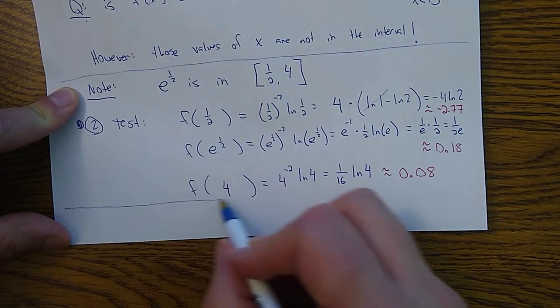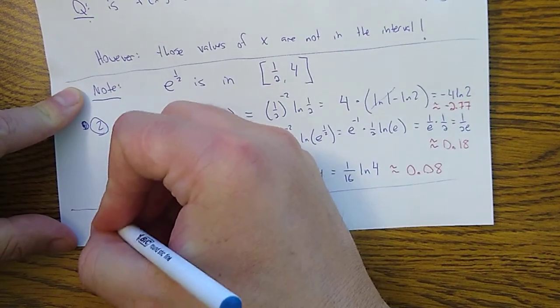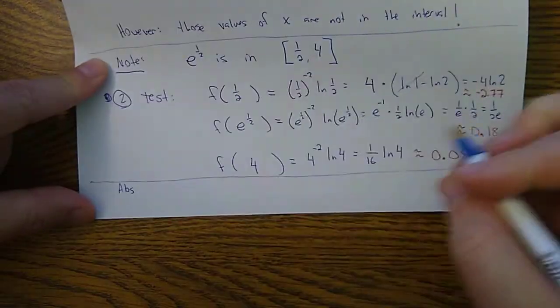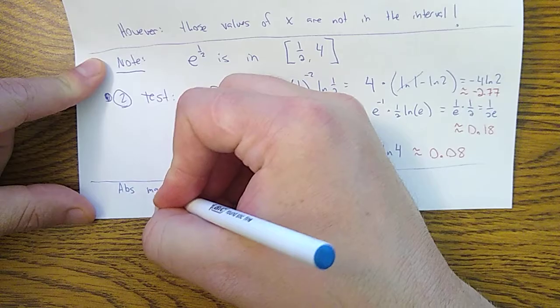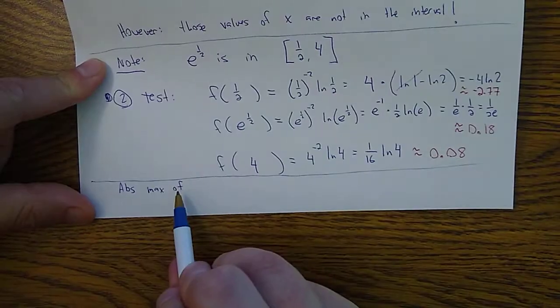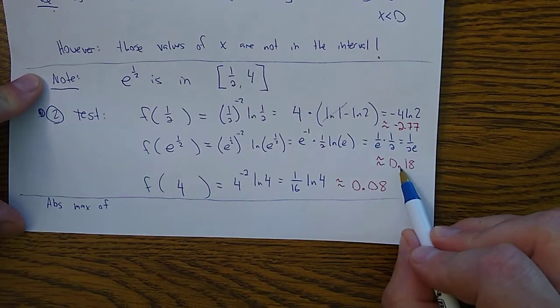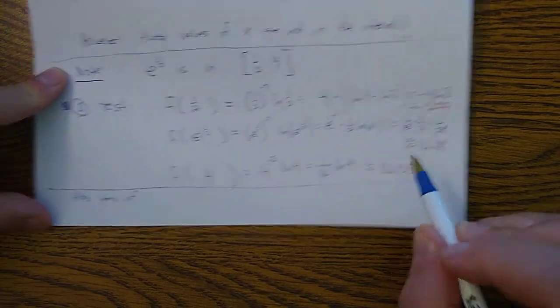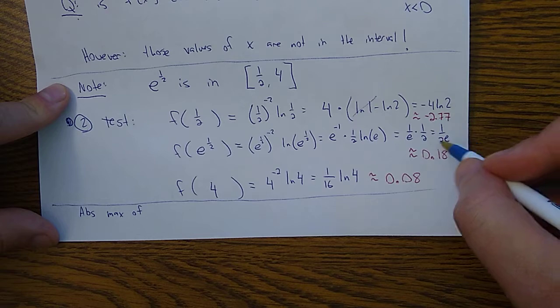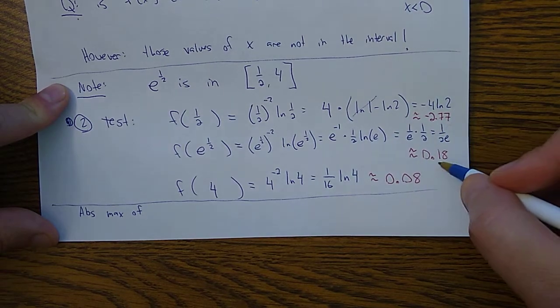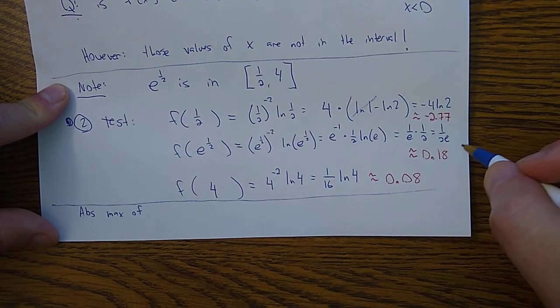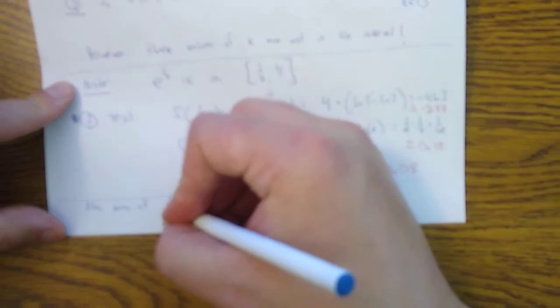So let me just write my answer down here. We have an absolute max of, and now I'm going to put my exact answer. It's 1 over 2e. 1 over 2e is the exact answer. The approximate answer is 0.18. So I put the exact one.